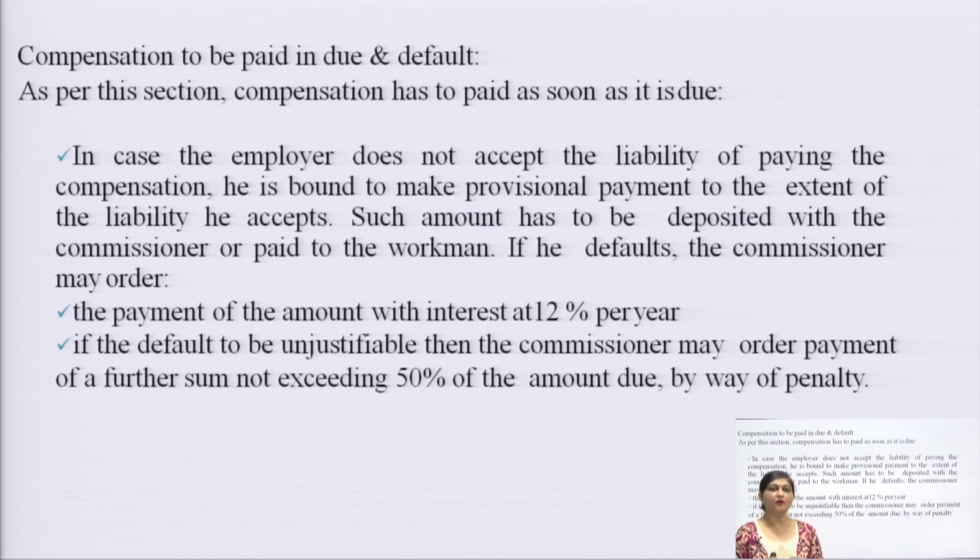And if the default is found to be unjustifiable, then the commissioner may order payment of a further sum not exceeding 50% of the amount due by way of penalty.